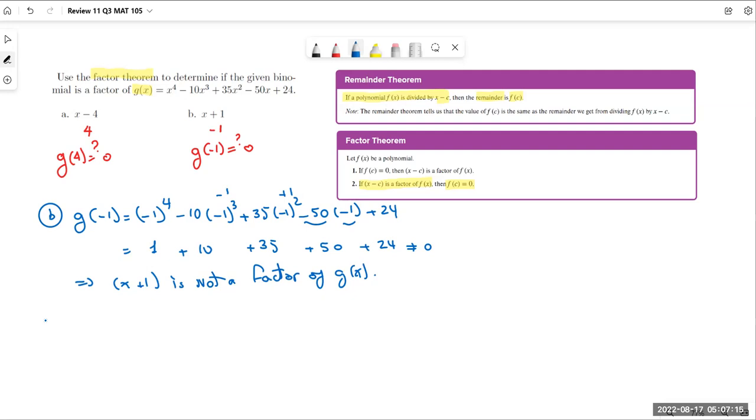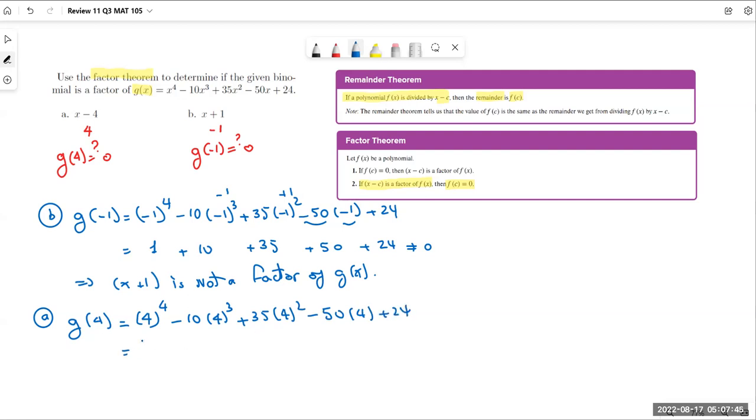All right. So for a, we're going to do a similar thing. We're going to look for g of 4. And this is more work. So this is going to be 4 to the 4th minus 10 times 4 cubed plus 35 times 4 squared minus 50 times 4 plus 24.